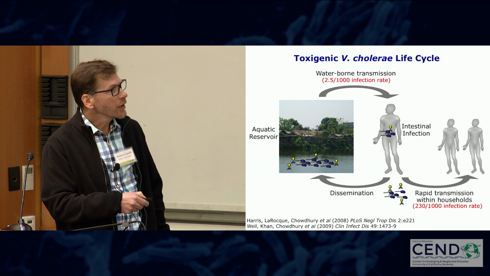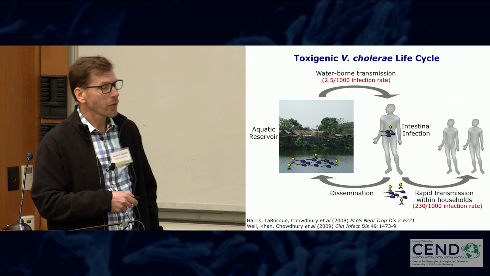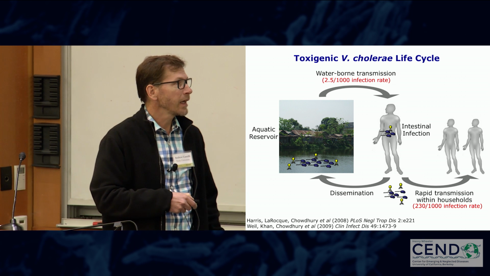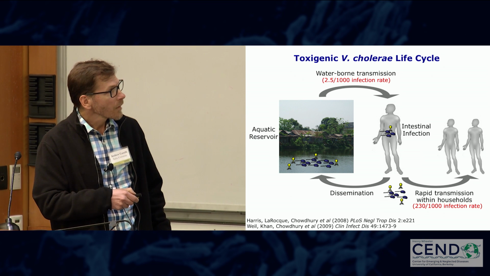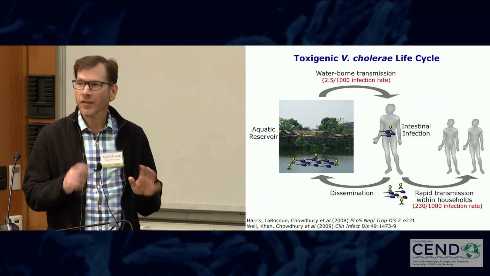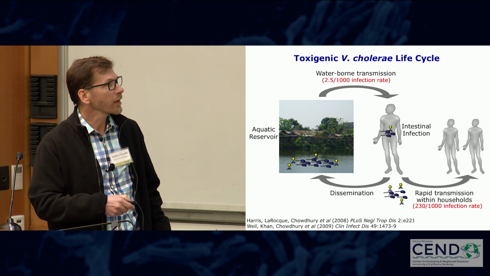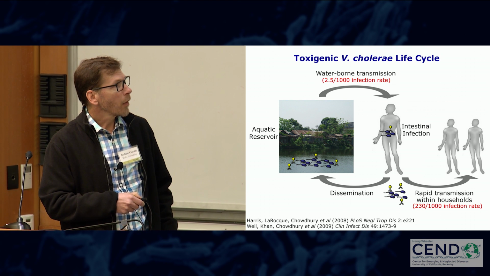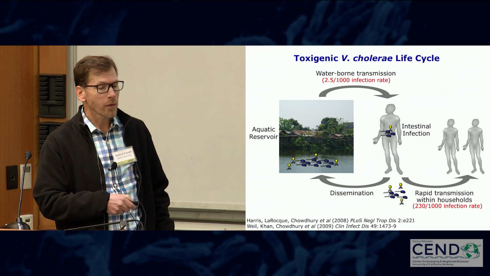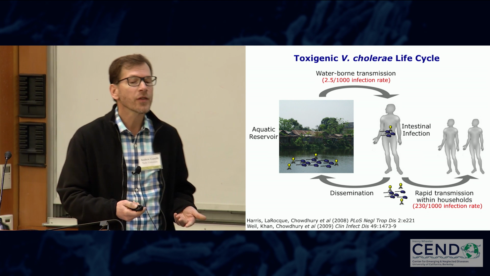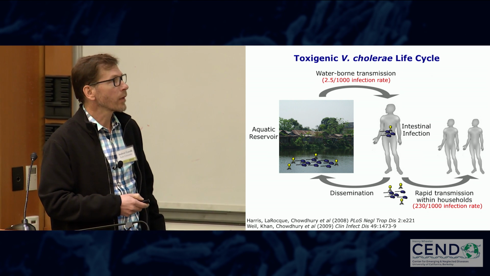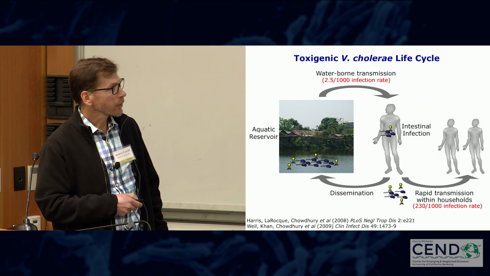So this presents a huge problem in trying to control cholera and stopping outbreaks, because there's not enough time to vaccinate these household contacts. And although antibiotic prophylaxis would be efficacious, it's not recommended because of antibiotic resistance.